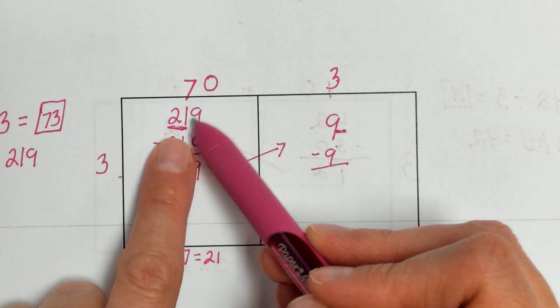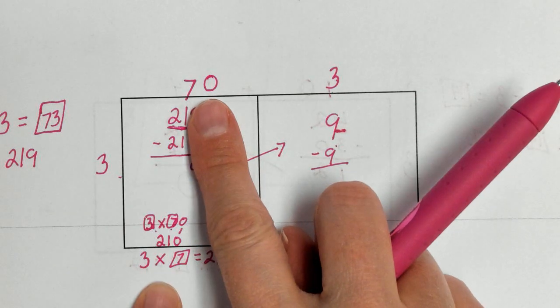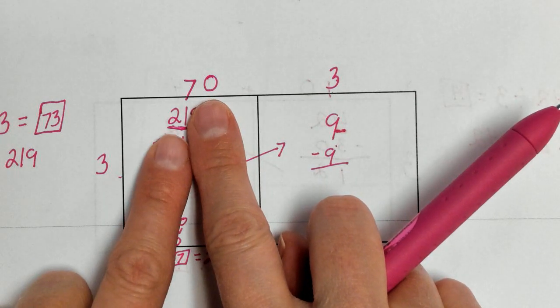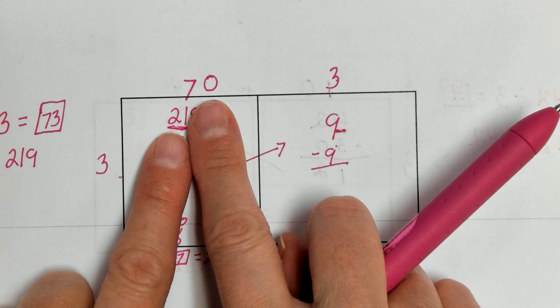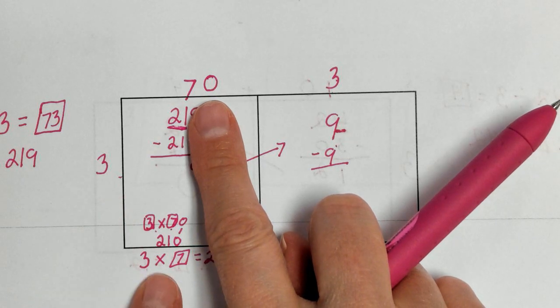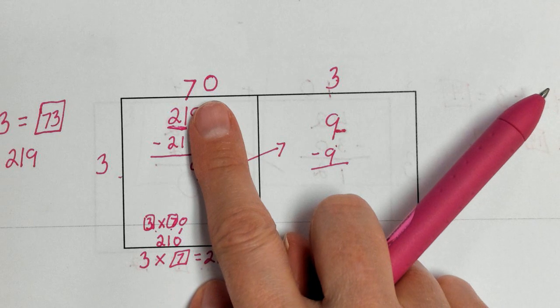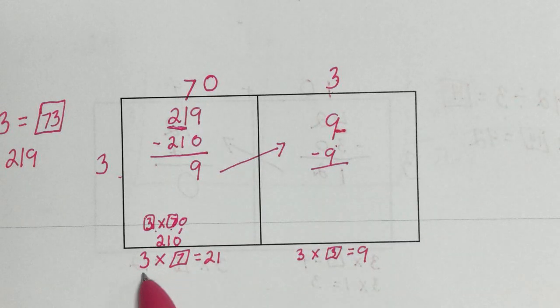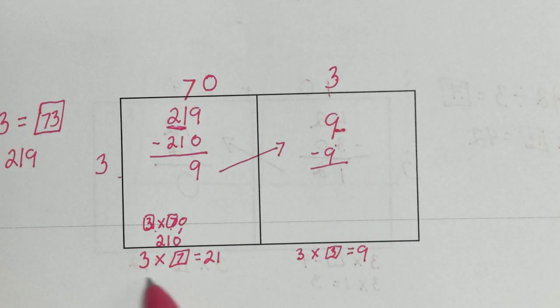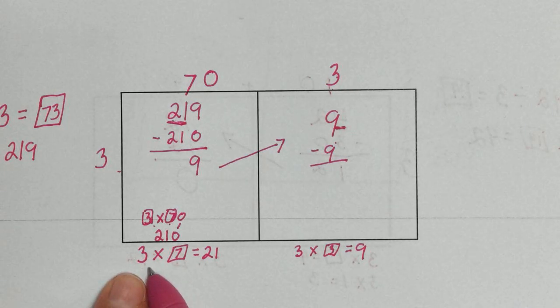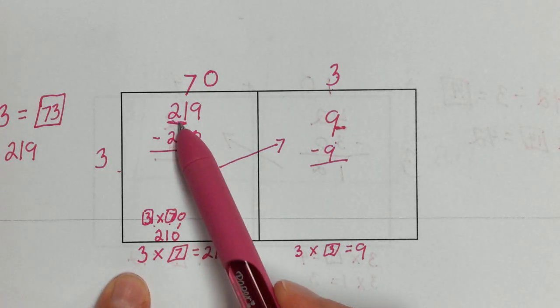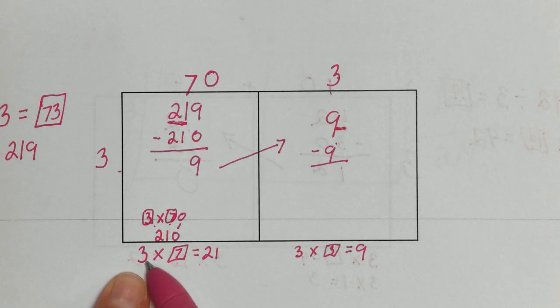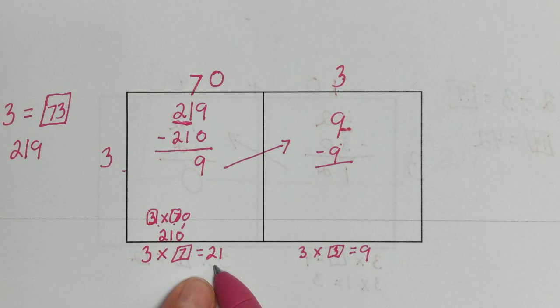So I look at these first two numbers. Now, I'm just looking at this 21. I want to know what I multiply 3 times to get to 21. That's where I get the numbers down here, Helena. Is I have to multiply, because I'm looking for this 21. So I'm going to multiply 3 times, in this case, 7 equals 21.